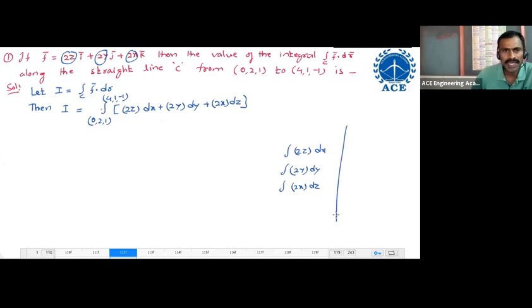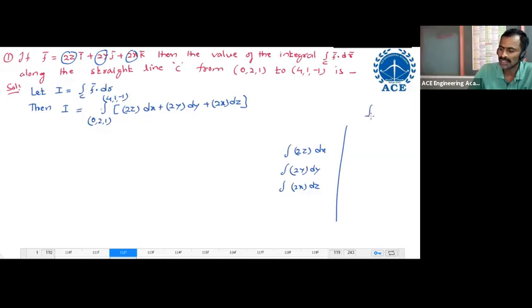Actually, we have 3 types of integrals. A single integral is also called a definite integral or ordinary definite integral; all are the same. So we have 3 types of integrals: single, double, triple.